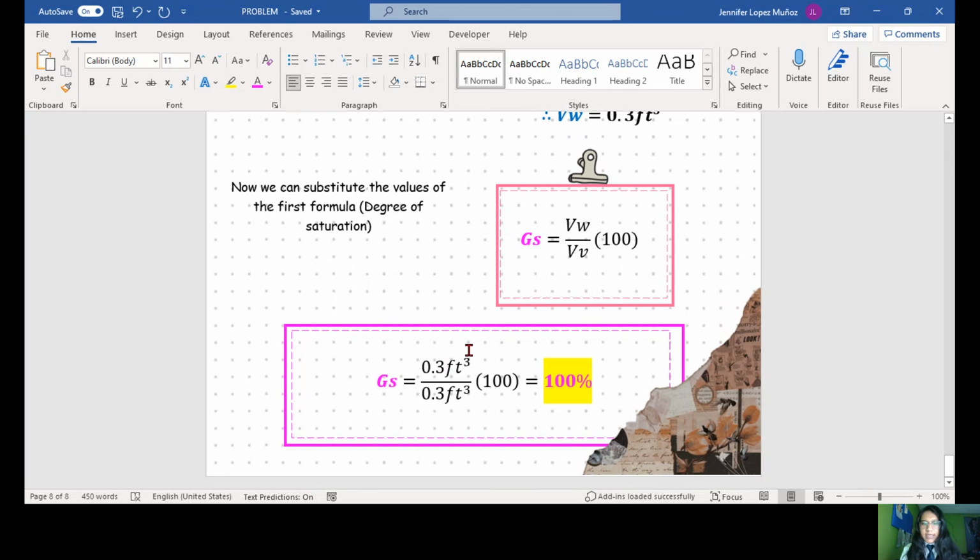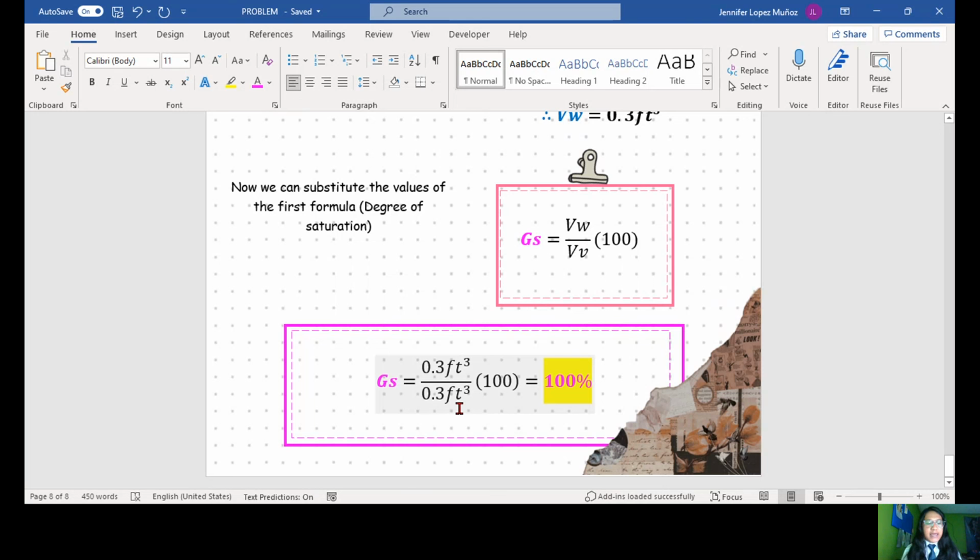In this case it is 1, and times 100 is equal to 100%.